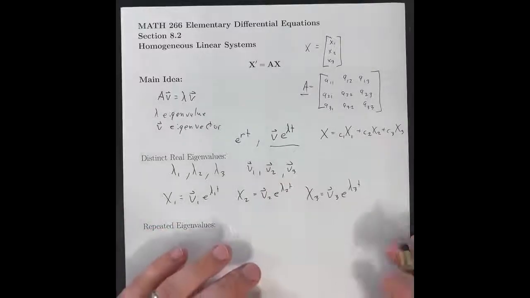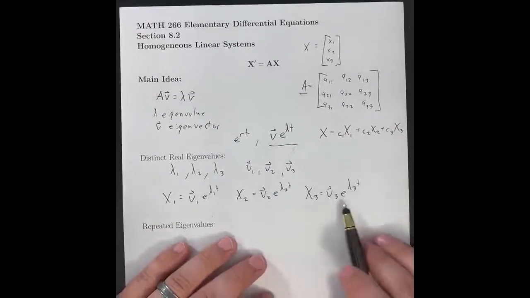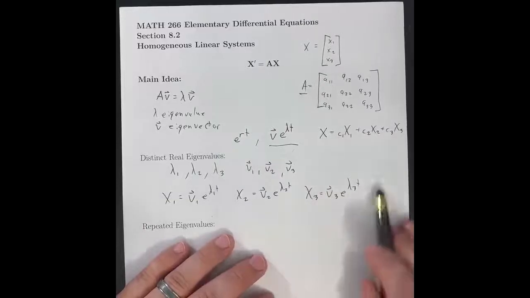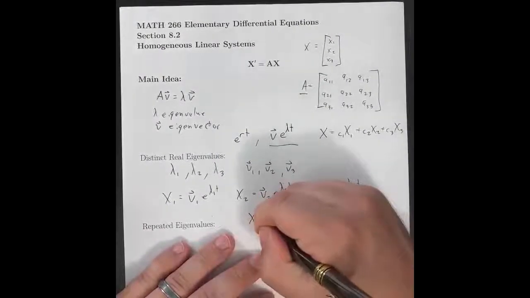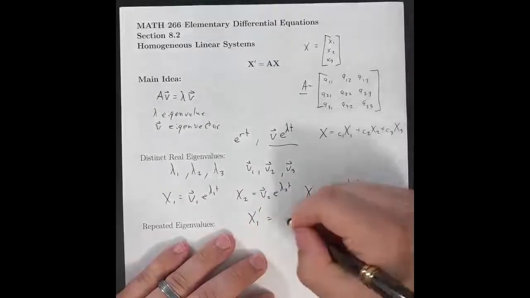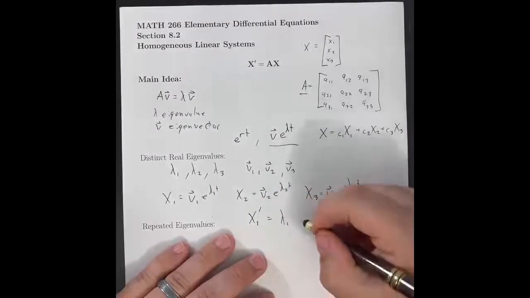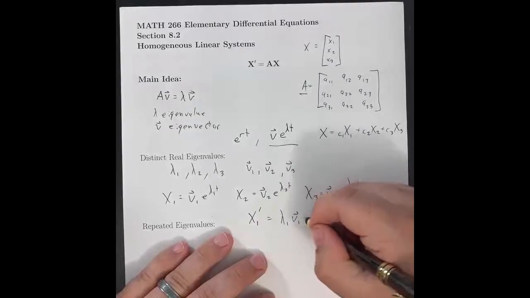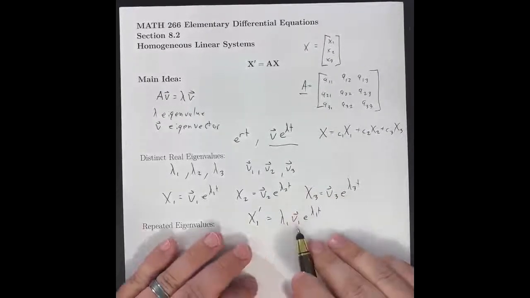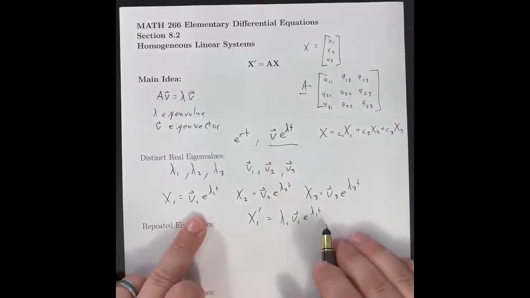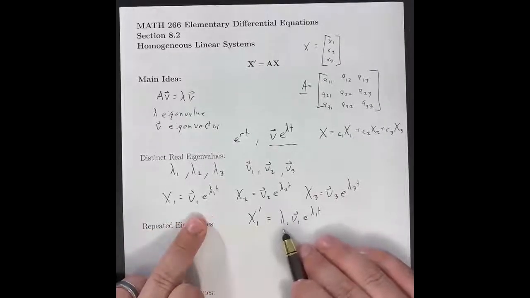We can check this. If we took the derivative of x1 with respect to time, we get lambda 1 v1 e to the lambda 1 t. The vectors are constant, so when we do the time derivative, we just get an extra multiplication.